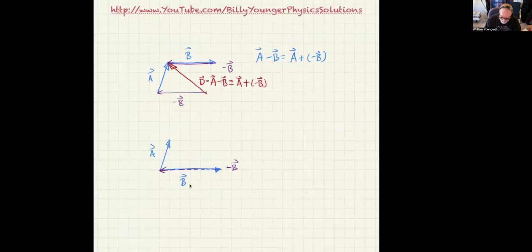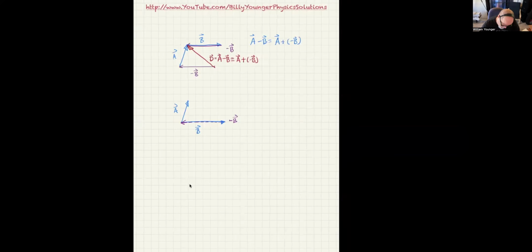So I just have to draw again from the tail of the first to the head of the last, which in this case becomes this vector right here, which again is D, which is A minus B, which is defined to be A plus the opposite of B.